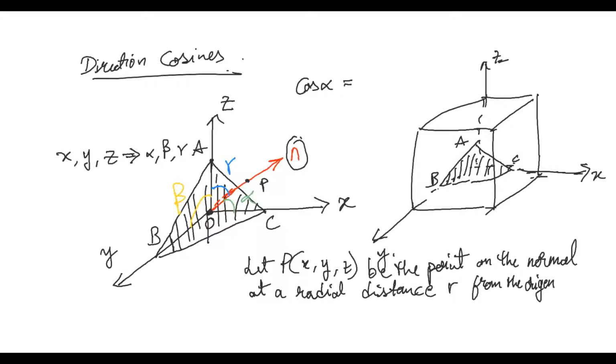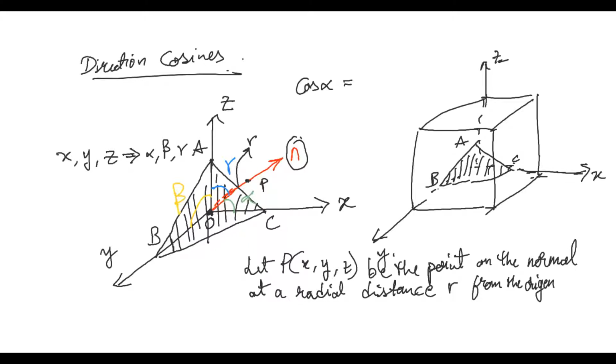with r as the distance from the origin to the point. So this is the distance from the origin O to the point P, which is r. The distance from point O to P is called r, and this r will help you to find out cos alpha.